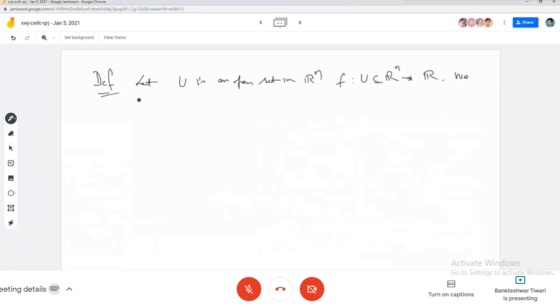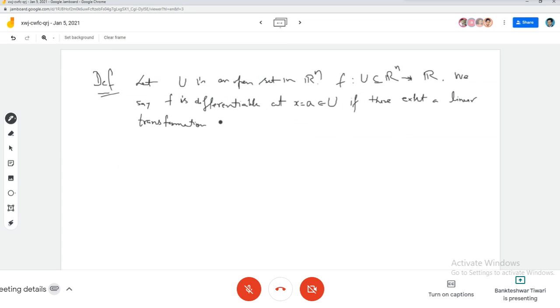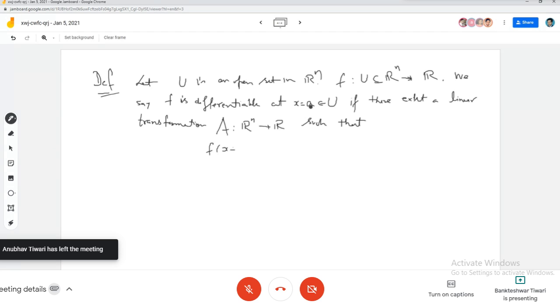Now we say this F is differentiable at a point x equal to A in U if there exists a linear transformation, say capital A, from Rn to R, such that this f(x plus h), you want to add the point A, so you should write A. Yes, x is fine, no problem.